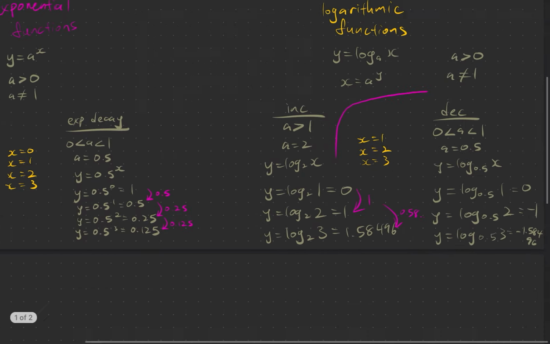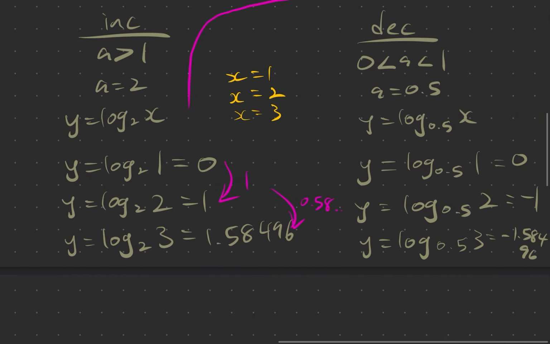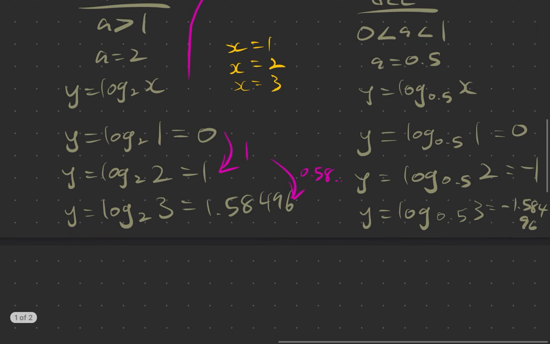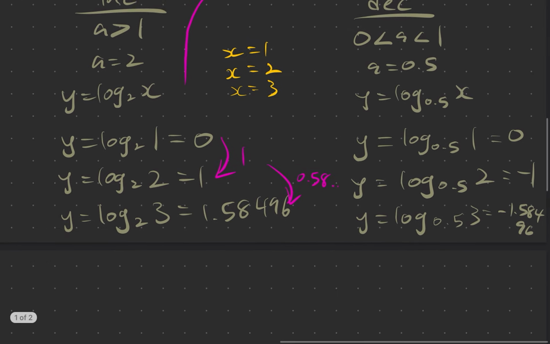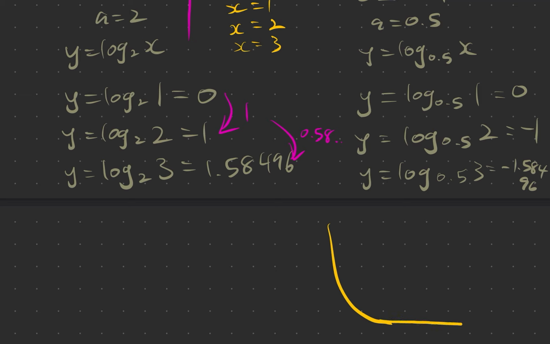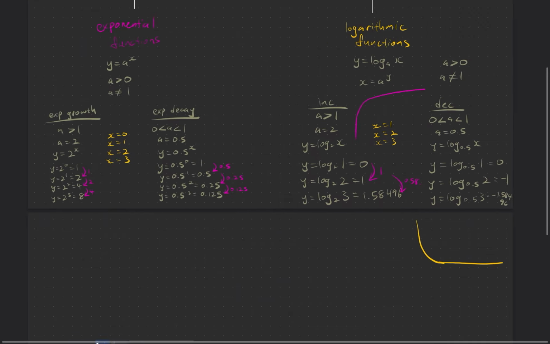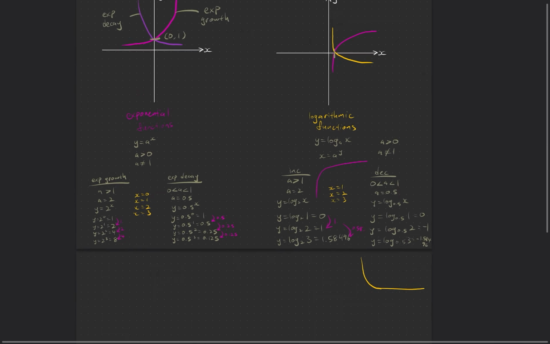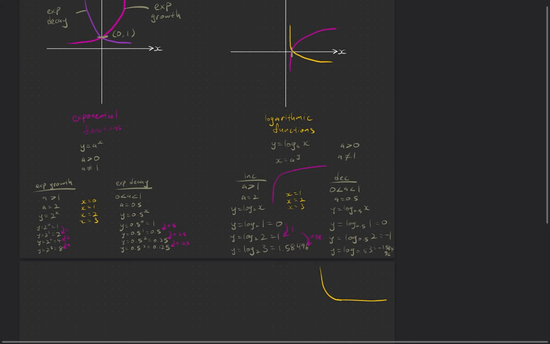As for the decay, as the x value increases, the decrease is very big. So it's like, dig down deep. But then as the x value increases more and more, the difference gets lesser and lesser, so it will just be a gradual decrease. Something like that. So that corresponds to what we have on the graph.